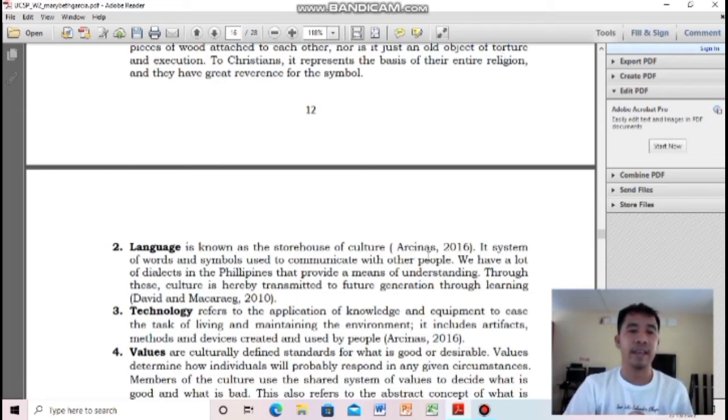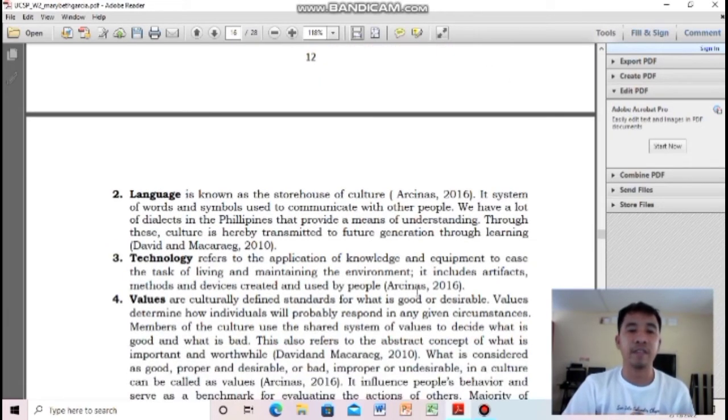Third, technology. It refers to the application of knowledge and equipment to ease the task of living and maintaining the environment. It includes artifacts, methods, devices created and used by people. So, di masugod ang mga bagay nga na-invento natin out of our culture. Tungod sa aton curiosity, tungod sa aton inquisitive mind, no, naka-create kita nga parte sa aton nga kultura.